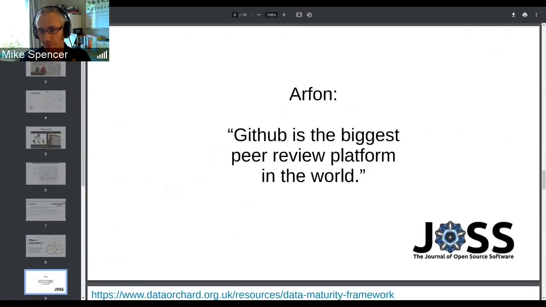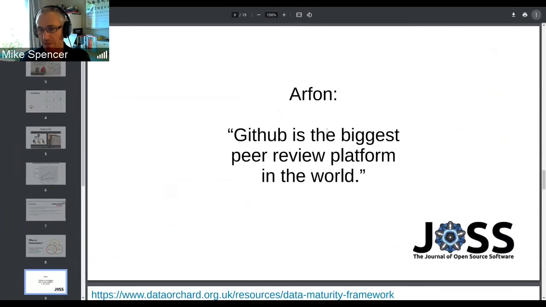As Arfon pointed out, which is perhaps not a surprise given it's his employer, GitHub is the biggest peer review platform in the world. He was talking about how we formalize this idea of working openly, and that we could take this pair programming and review and do it on a mass scale and find a way to share more sustainable software that works better in more contexts.